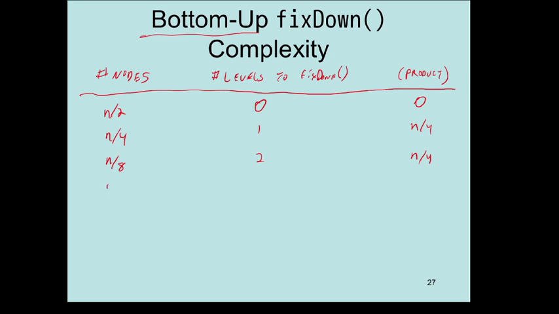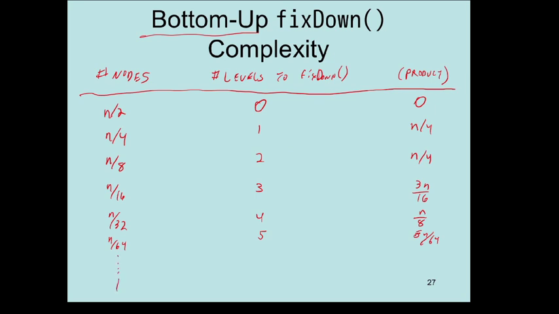Above those nodes, there's n over 16, which involves fixing 3 levels, which is 3n over 16. There's n over 32 above those that have to be fixed 4 levels. That's n over 8. We're getting diminishing values here. Then I'd have n over 64. There'd be 5 levels to fix. That's 5n over 64. That's basically 1/16.